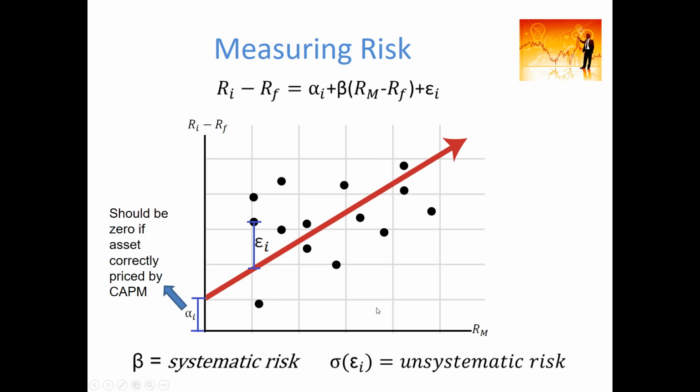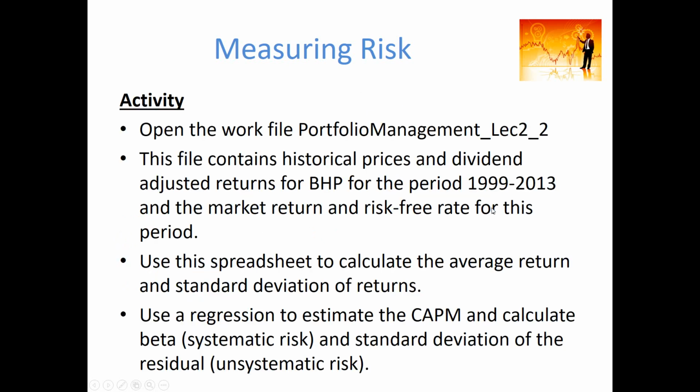So we can estimate this beta by running a regression model where we regress the excess return of an individual stock on the market excess return. Then the intercept that we get is a measure of unsystematic risk, and the beta coefficient from the regression model is a measure of systematic risk.